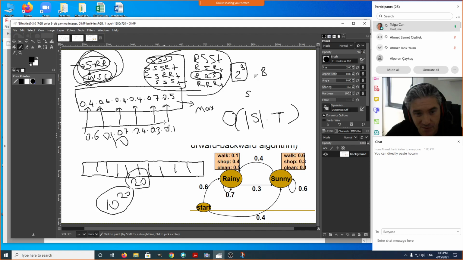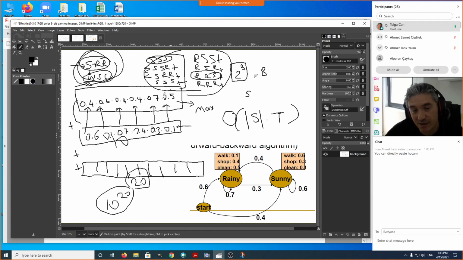So this is another probability that we have, the probability of the outcome in which our friend walks, shops, cleans in rainy, rainy, sunny days. This will probably be smaller than this, but it's still a non-zero probability. If we sum all these things, it will give us the overall probability of observing walk, shop, clean.